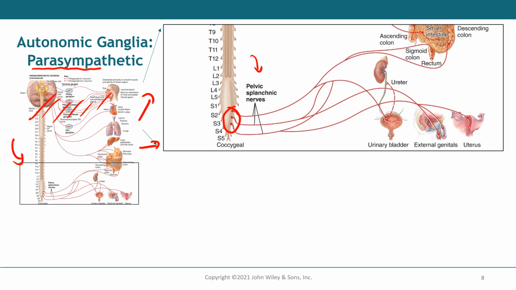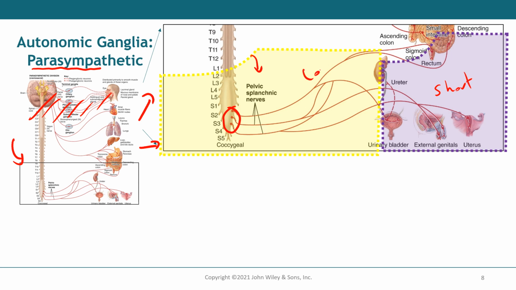However, you still have the preganglionic neurons and the postganglionic neurons. It's more difficult in this diagram to make this differentiation, but the idea is very clear. Here the axons, if you remember, will be short, as we described, and here they will be much longer.